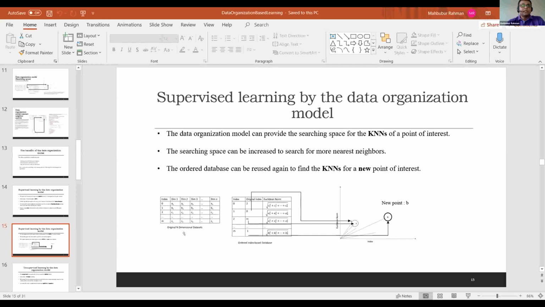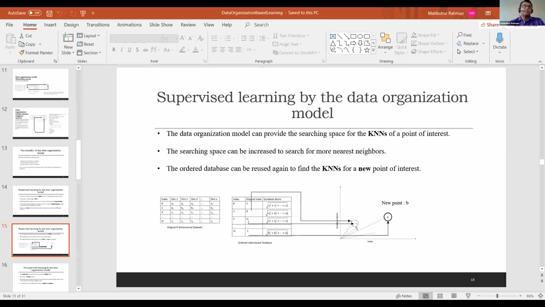As in the previous slides, I have explained that this data organization model can provide the searching space for the k nearest neighbors of a point of interest. So here in this diagram, you can see previously this Z, and if we search inside this circle, we can find the nearest neighbors for this point.